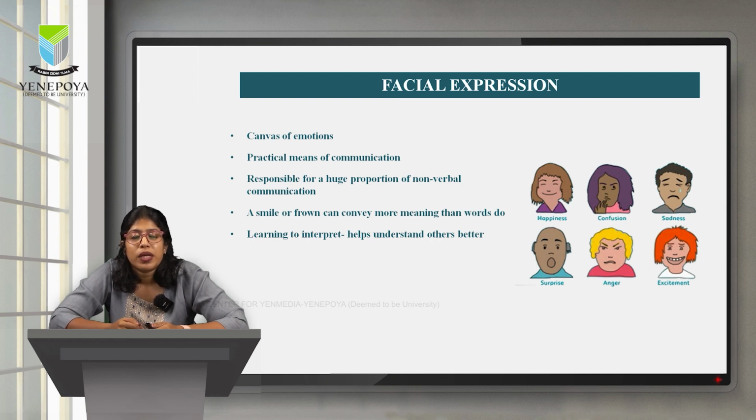So you have to be upfront and ask them, are you okay? Is something bothering you? All of this you may ask when they are angry or confused or sad, right? So your facial expressions should be in sync with what you want to share, and you need to learn to interpret how you can understand facial expression.